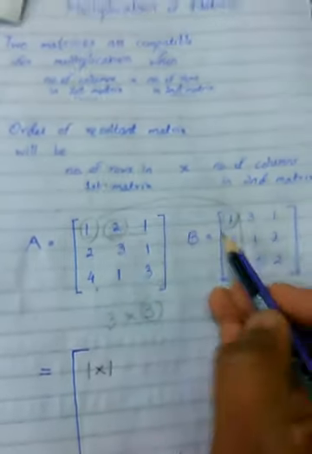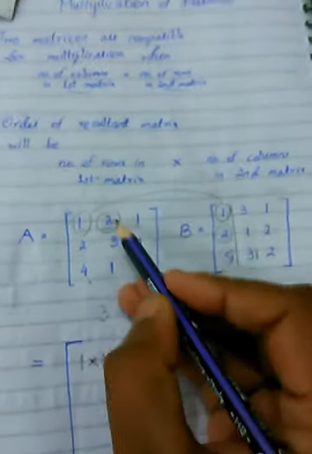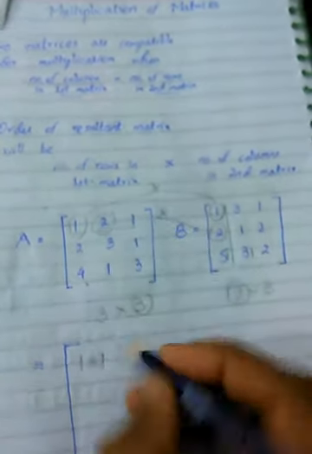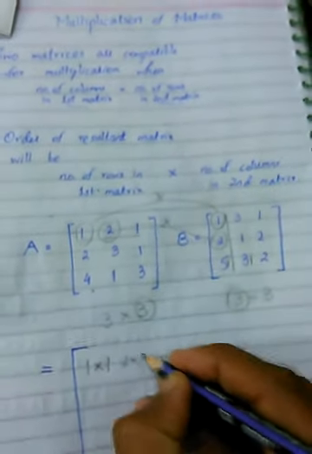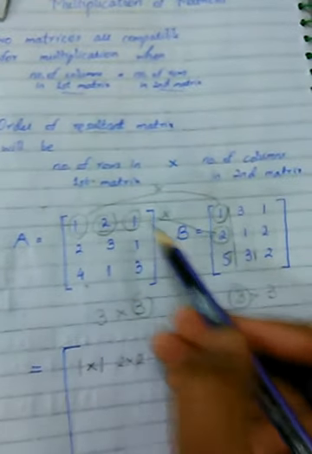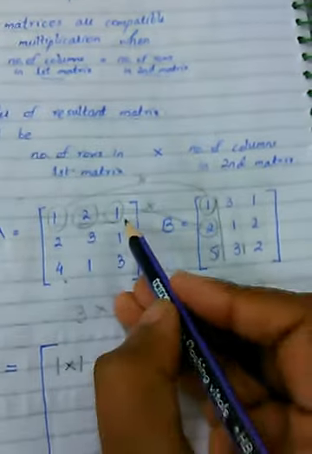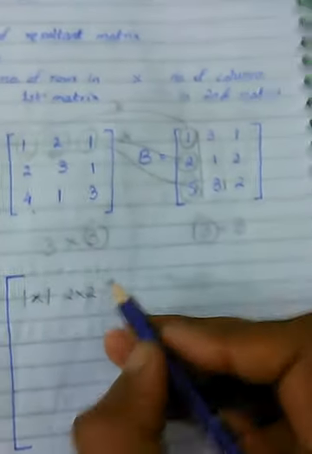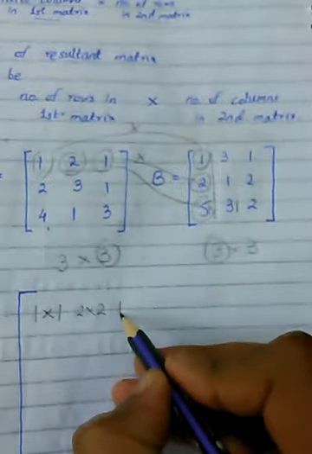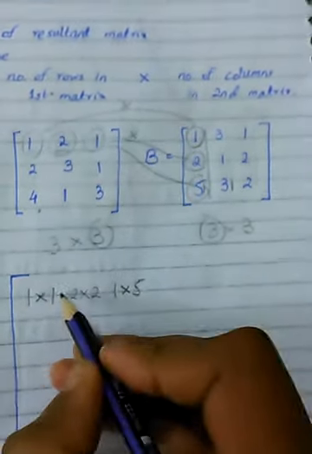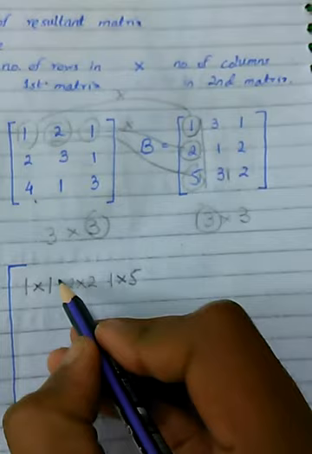Second element is 2 here, here also 2. So 2 will be multiplied by 2. And the third element is 1 here, and the third element is 5 here. So 1 will get multiplied by 5. And we will add all of these.